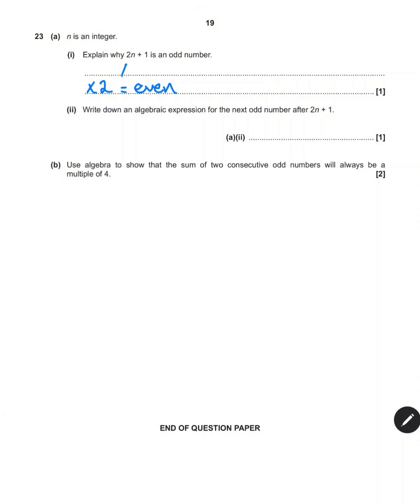Anything times by 2 will be an even number. What this is therefore saying is an even number add 1, and an even number add 1 will always be an odd number. The key to this is knowing that 2n is an even number, or the 2 times table.